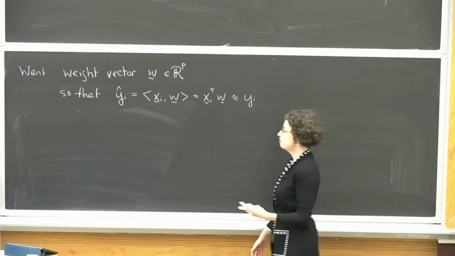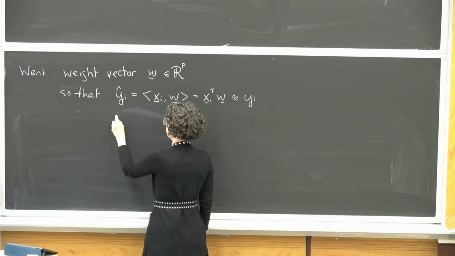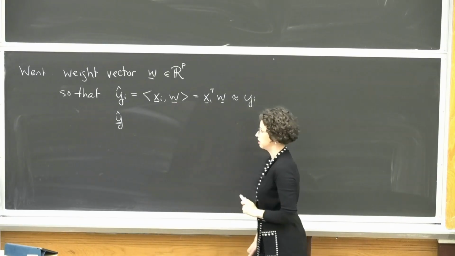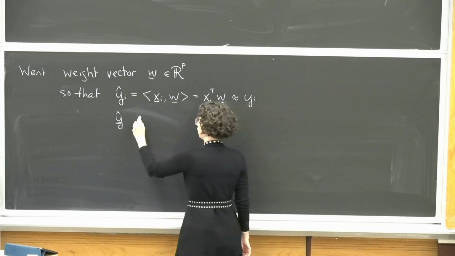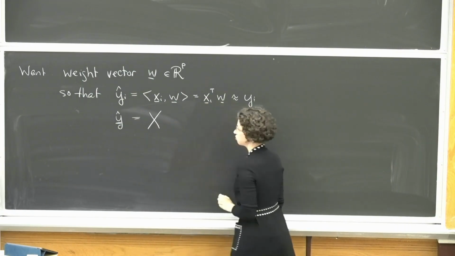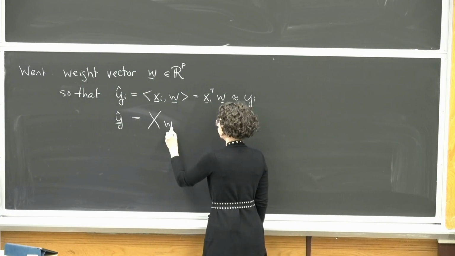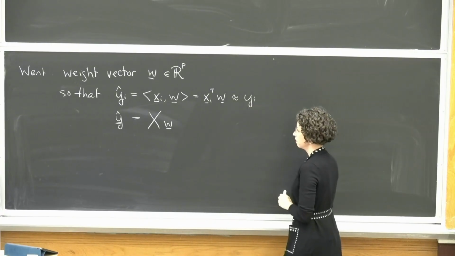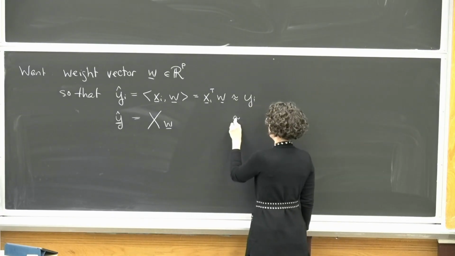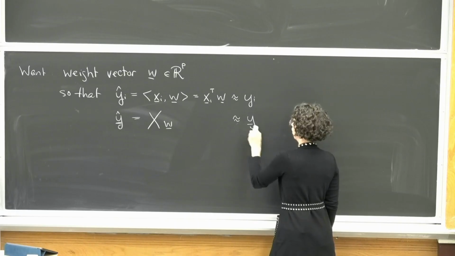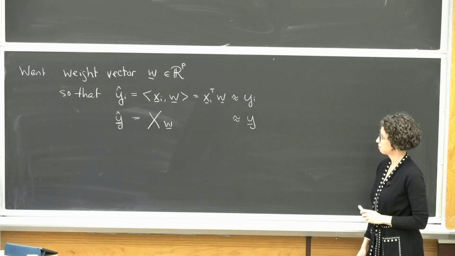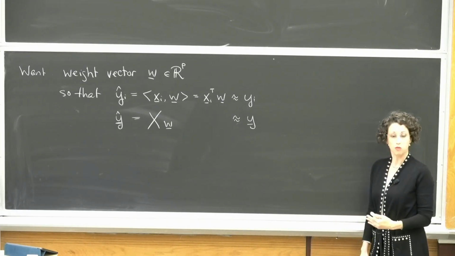And we can equivalently write this using our shorthand. So we can say our vector of predicted labels can be written as this feature matrix X times this weight vector w. And we hope that this will be close to our label vector y. So this is what we would like to do.